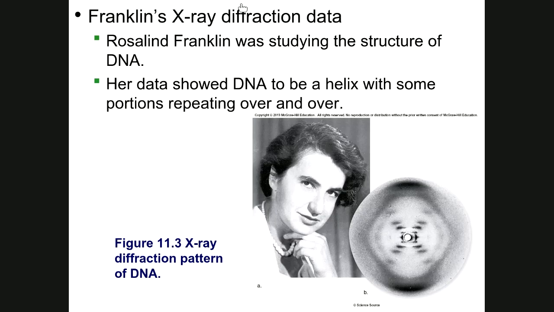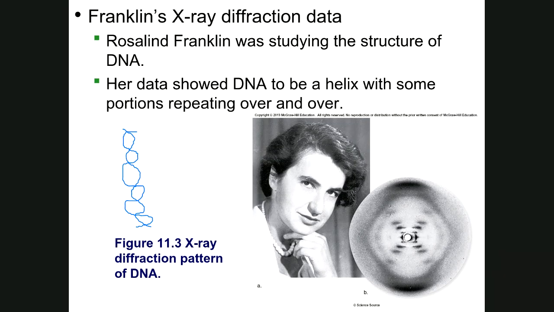DNA is double stranded, this is one strand and this is another strand, make a helix. So DNA to be a helix and some portion repeating over and over. So this portion may be repeating in here, this portion may be repeating in here, over and over.